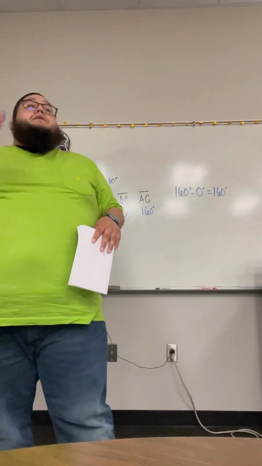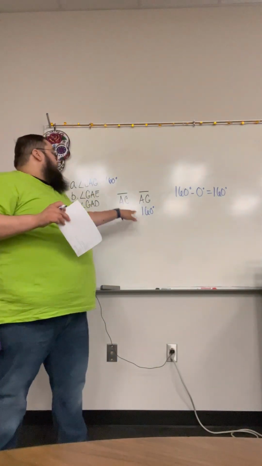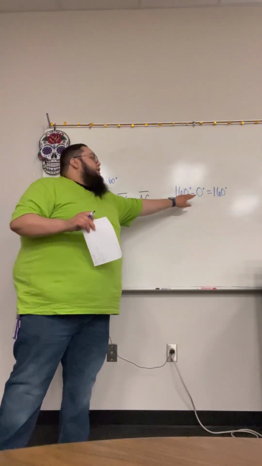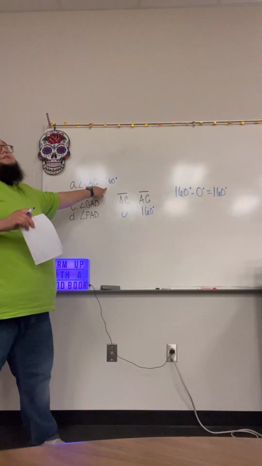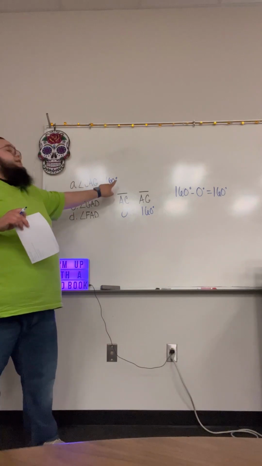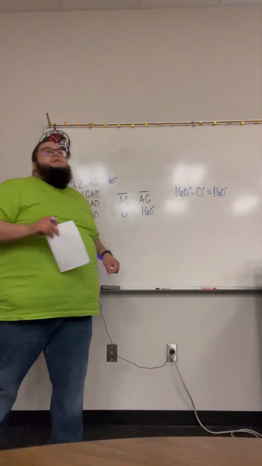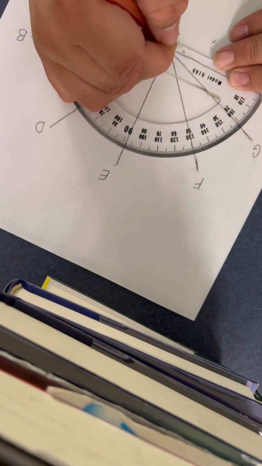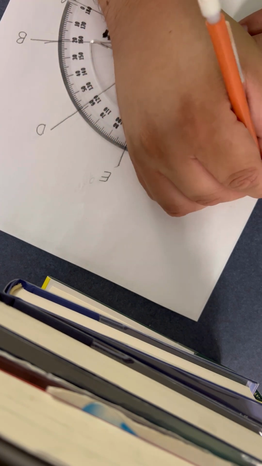I want y'all to go ahead, like I said, write down the angles, write down the measures, and then write down your final answer, which is 160 degrees. Angle CAG is equal to 160 degrees, okay? I want you to go ahead and write. You're going to lay your protractor on top of your angles and make sure they match up.